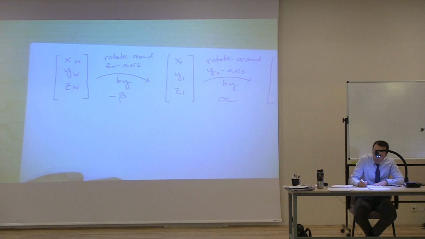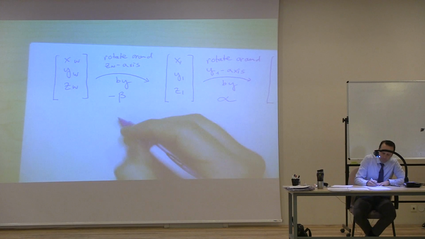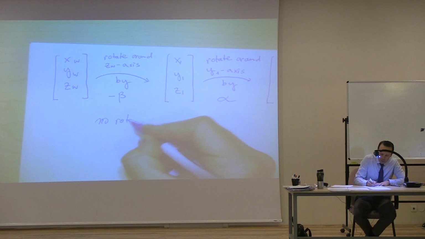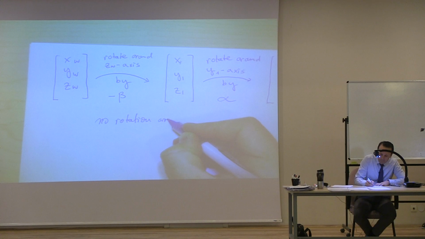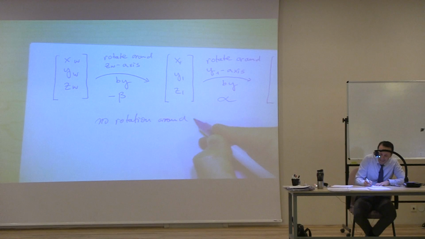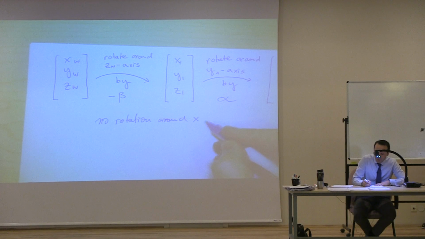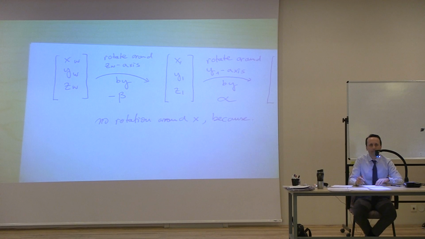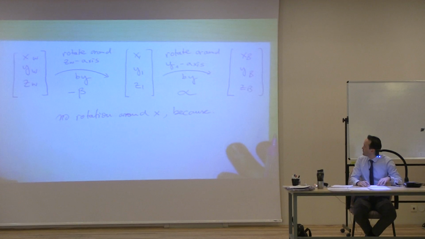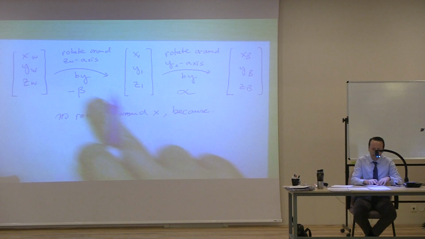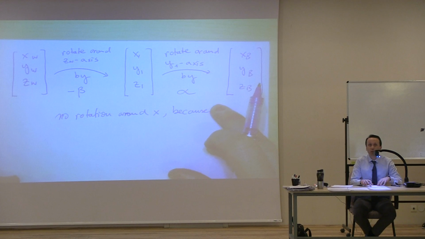And this one will give you, I claim, YB, ZB. So note that I'm not rotating around Z. No rotation around X, because you will see in a minute that every time we make these 2 rotations, you will reach the new coordinate system.